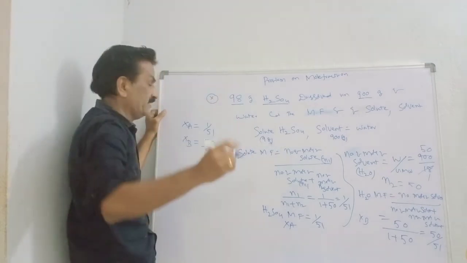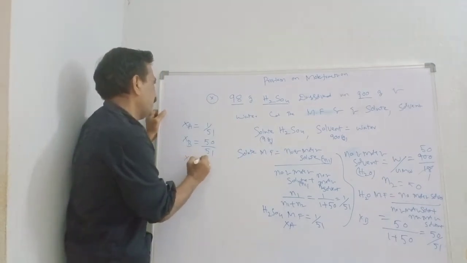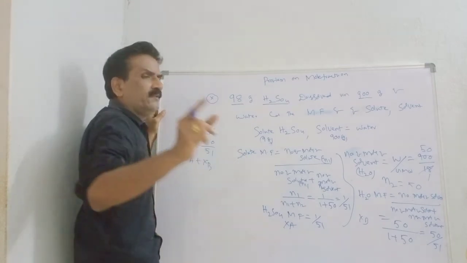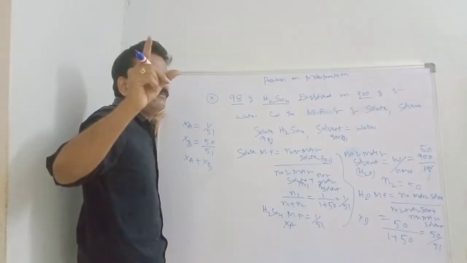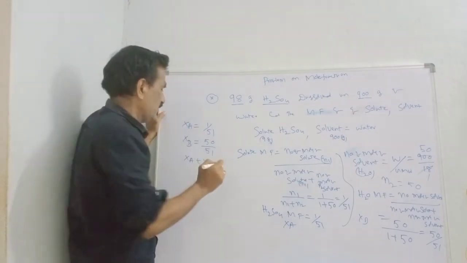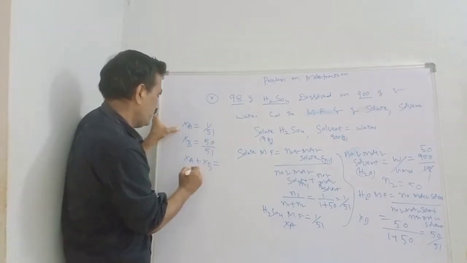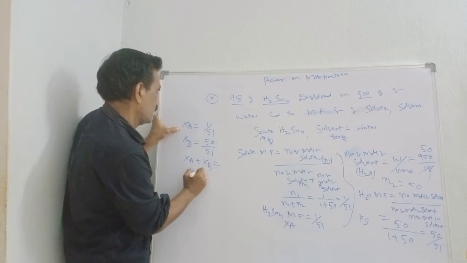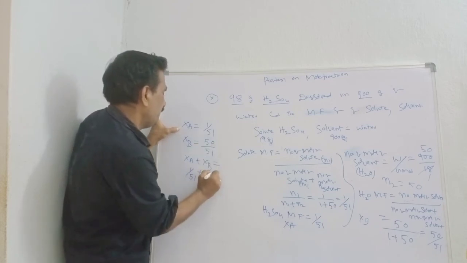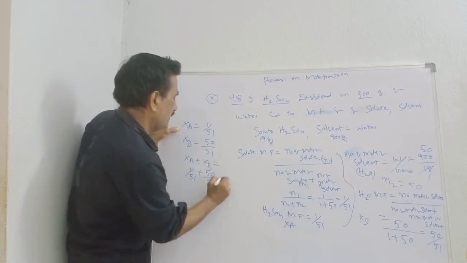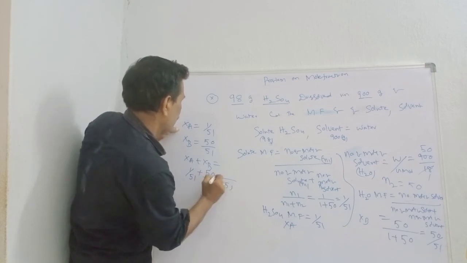What I have mentioned here, XA plus XB. Please note it. Mole fraction of the solute plus mole fraction of the solvent is always 1. You see, 1 by 51 plus 50 by 51, LCM 51.